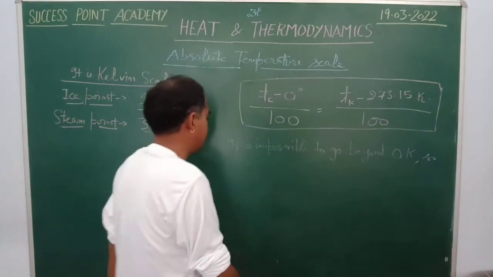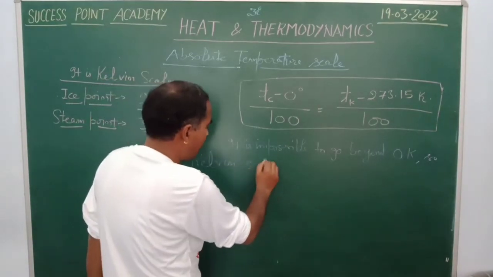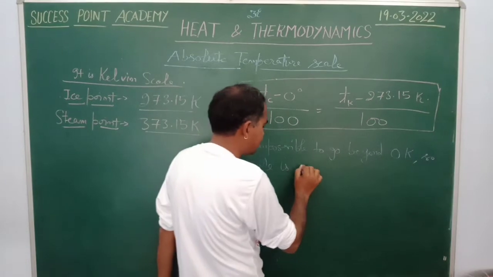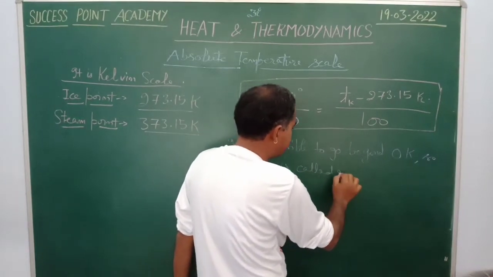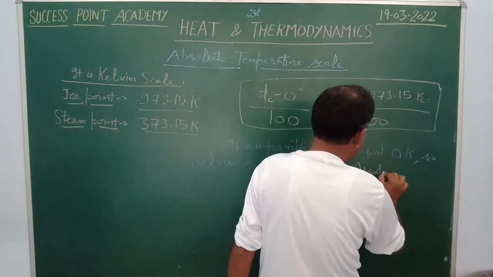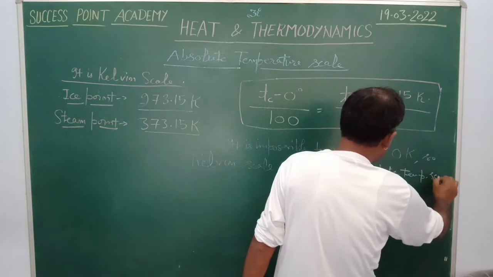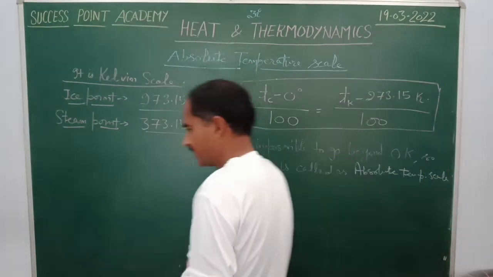So the Kelvin scale is called the absolute temperature scale. This is the reason behind this. Remember this.